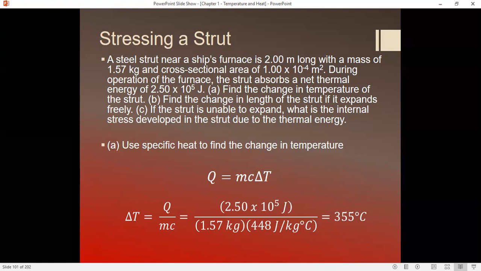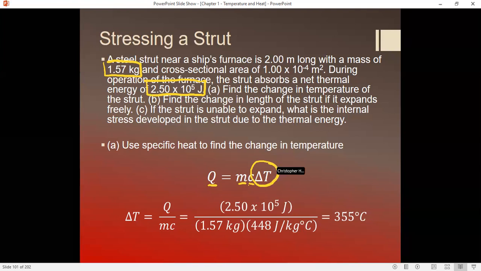We are given the amount of heat, right? It absorbs 2.5 times 10 to the 5th joules. We are also given the amount of mass, 1.57 kilograms. We can look up the specific heat of steel, and use the specific heat to find the change in temperature.